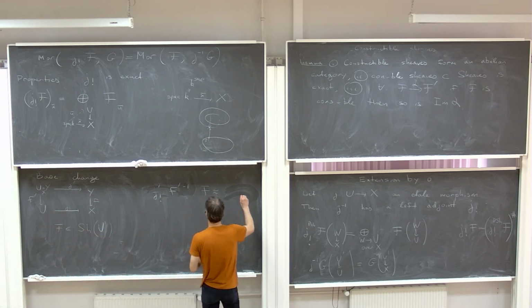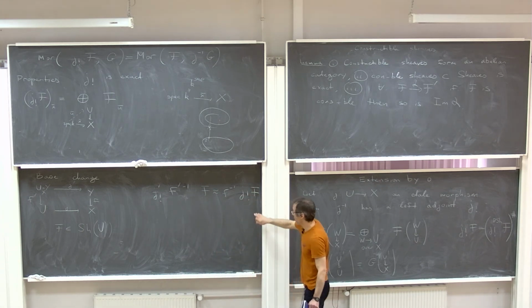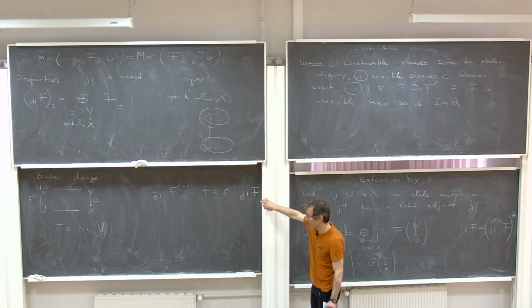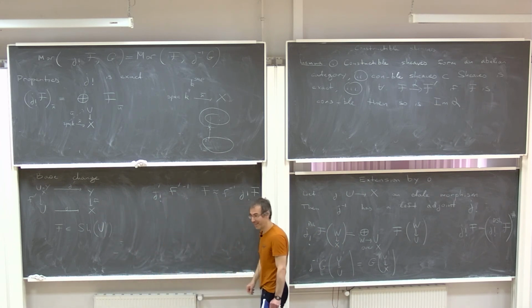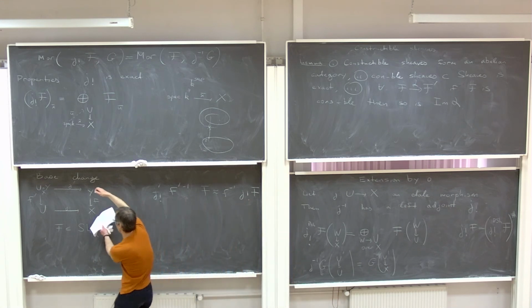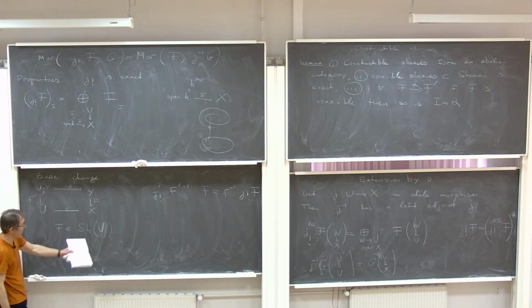So I take f inverse of j lower shriek of F. Again, the previous formula would make sense provided that we had a definition of f lower shriek. And that's the same formula except that I sort of rotate this. This is called the base change.